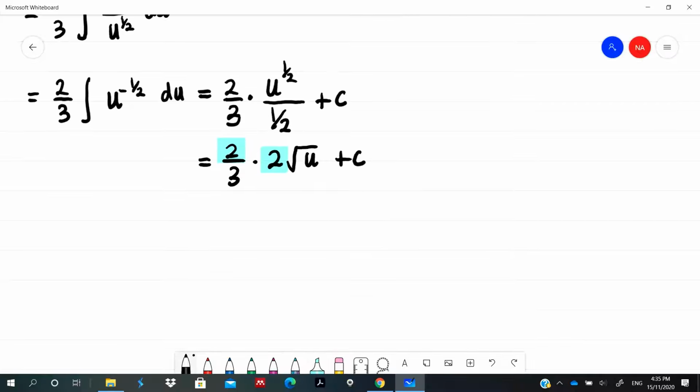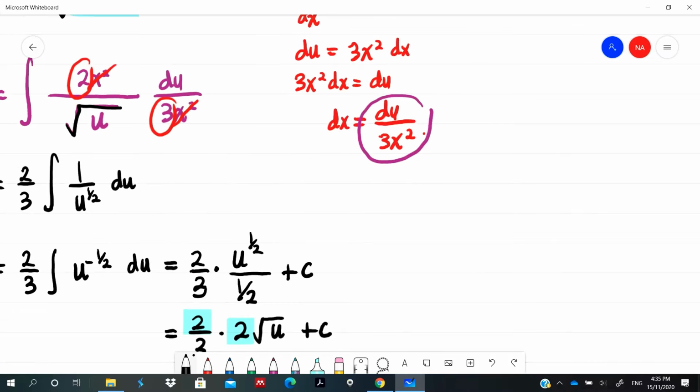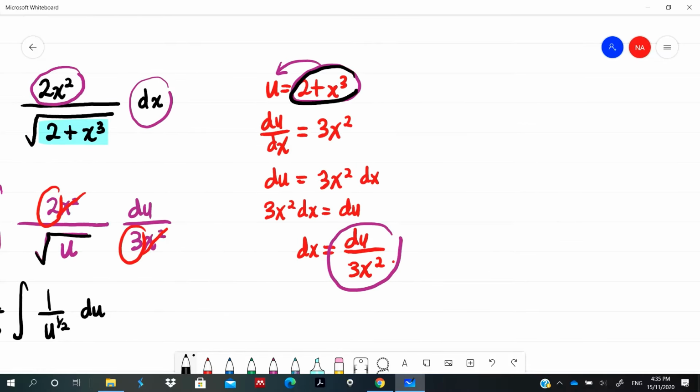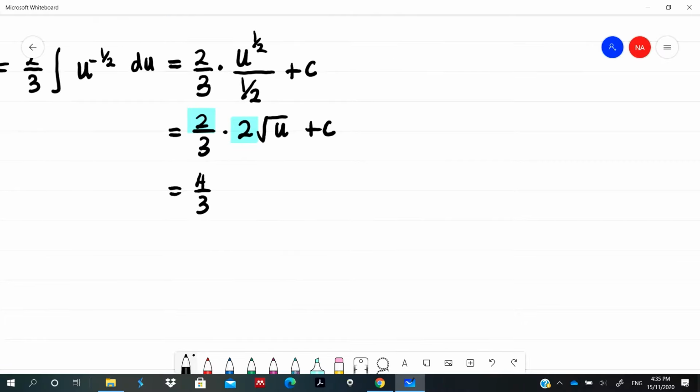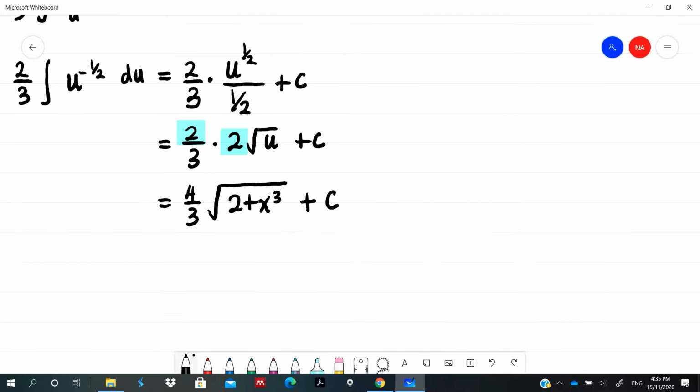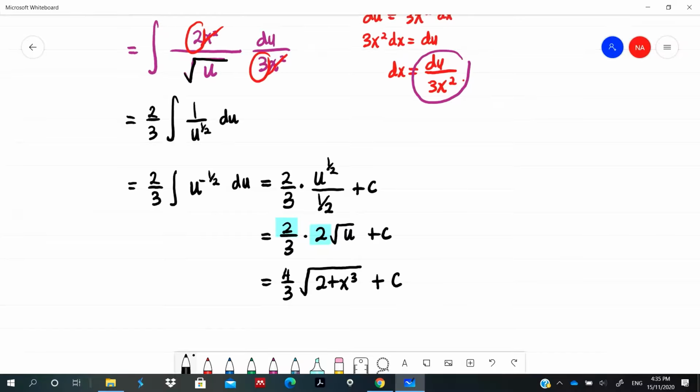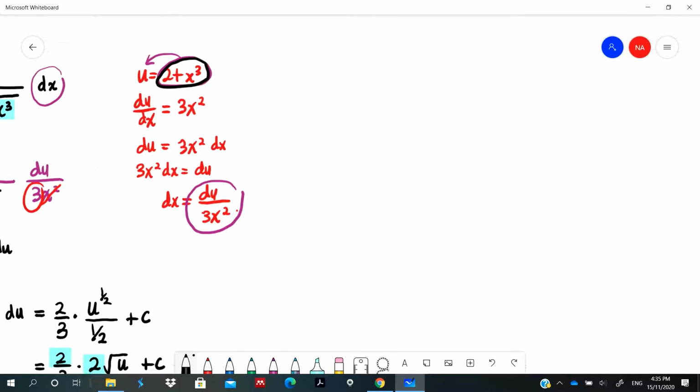So we'll have 4 over 3 square root u, but what is u? u is actually given by 2 plus x cubed. So we'll just rewrite it as the square root of 2 plus x cubed, all right? We have that plus c at the back there because it is the indefinite integral. So we are done with this one.